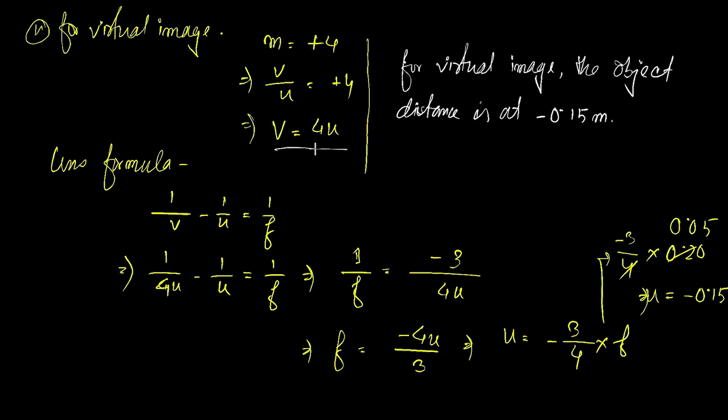That's why it is given as 4u. So again, we have to find out the object distance. Since the magnification is positive, all the relations will be positive, and by using the lens formula, we can solve the required part. We needed to find out the object distance from the lens.